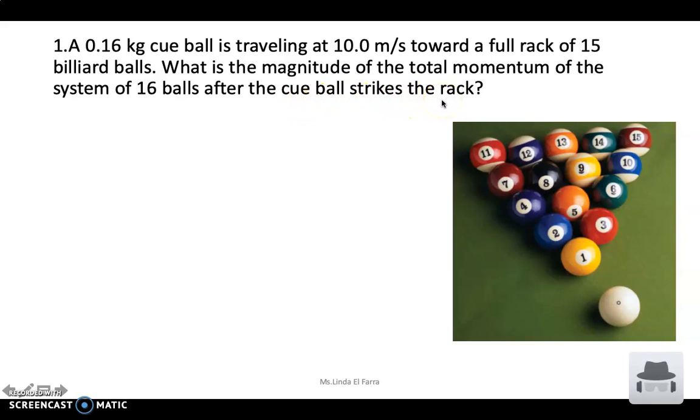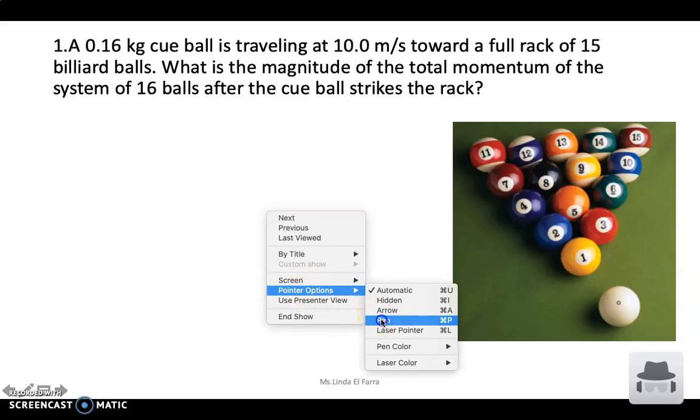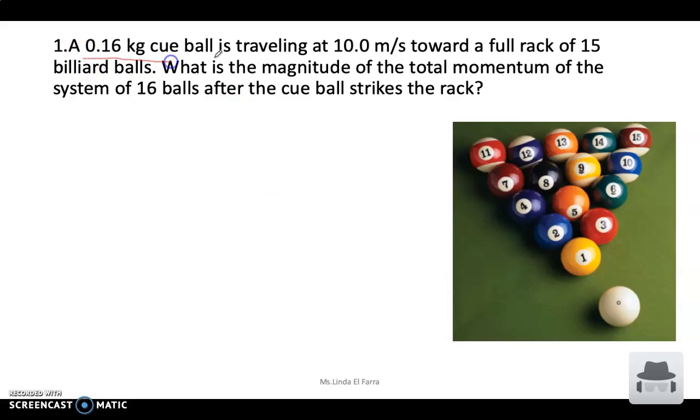Now, as usual, we have to know the given. I have the mass of the cue ball, and I have the velocity, and it doesn't matter how many balls I have. Momentum is always conserved, which means initial momentum and final momentum are always equal. How am I going to find the momentum?